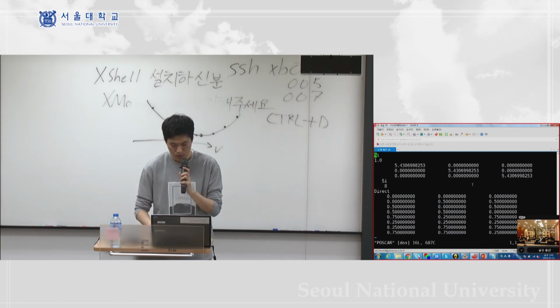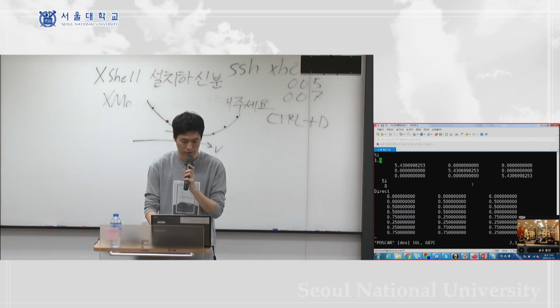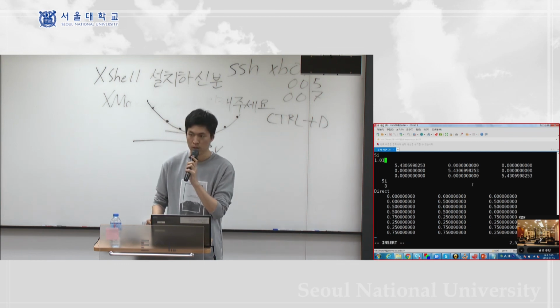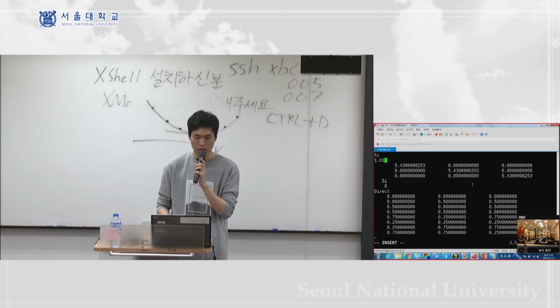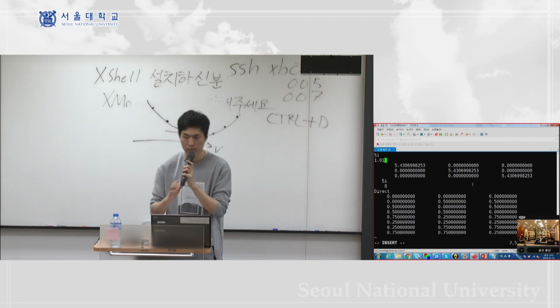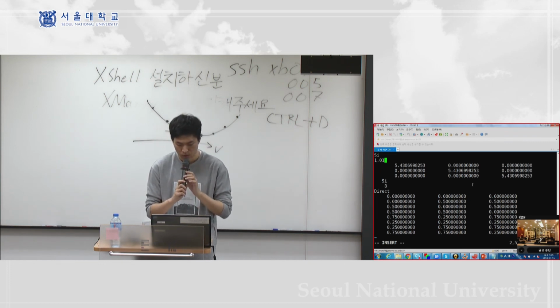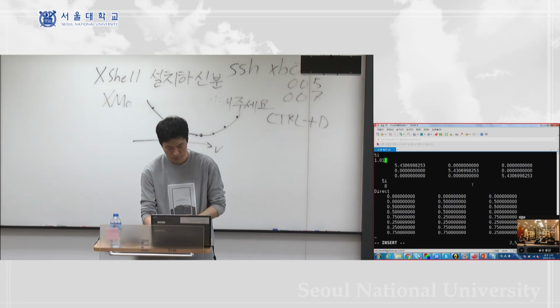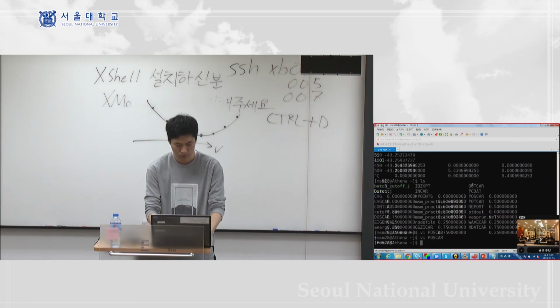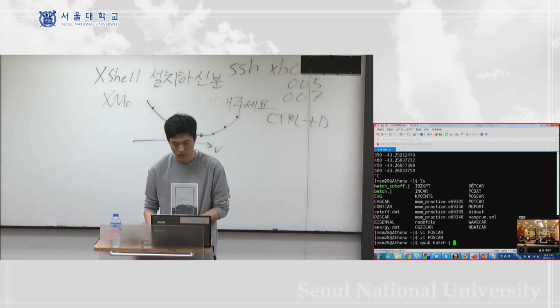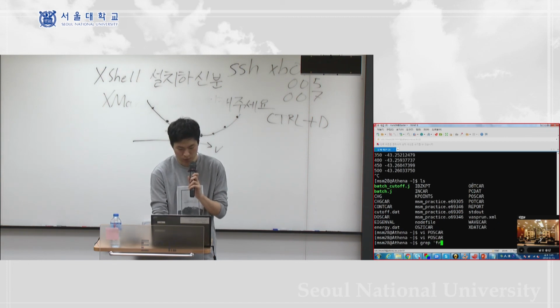So we can do the same simulations, the same calculations, by just changing this. For example, if we want to do it manually, change this scale factor to 1.01 and then do the calculation, like this, and then grab the energy of the system.